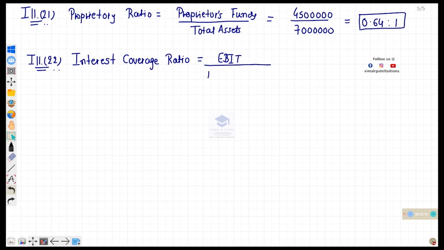EBIT upon interest on long-term liability.